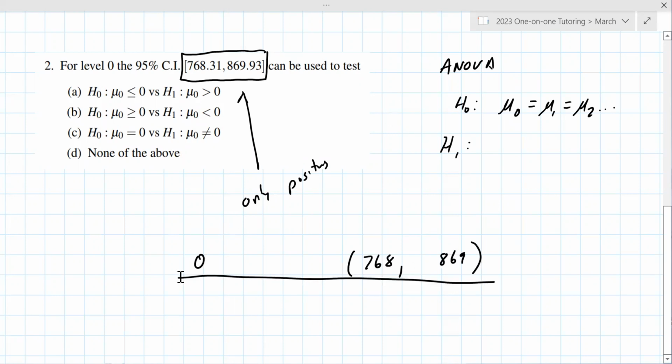Because 0 is not in the confidence interval, to me, it's used to prove A as being what they're trying to show. Okay, and that's where I'm a little unsure how to tell you to proceed. It's sort of like this question is written backwards. Maybe you have more information from class.